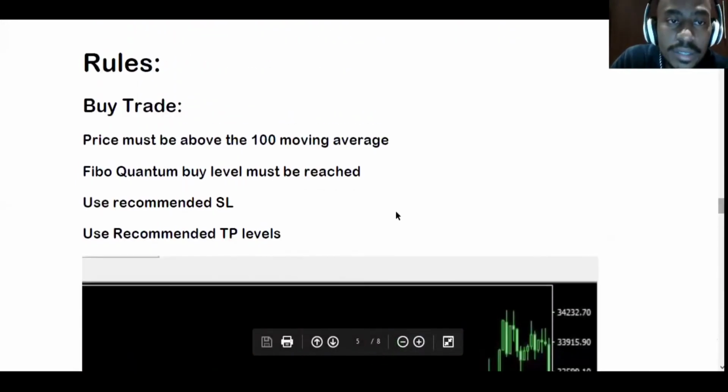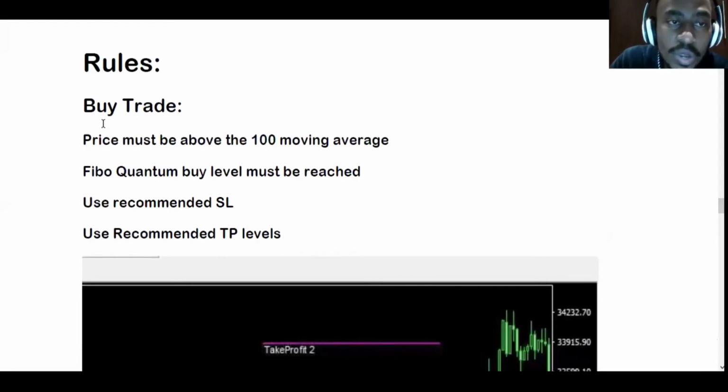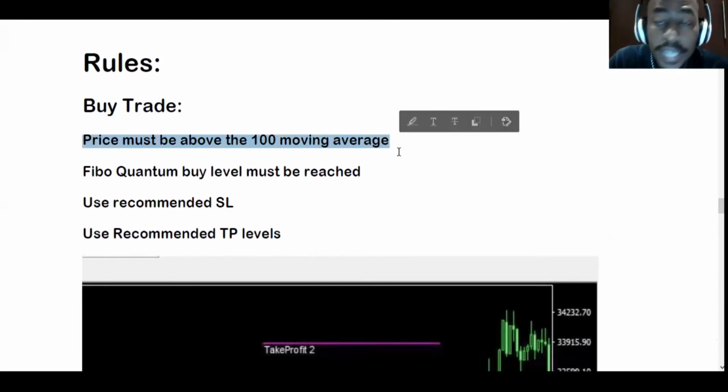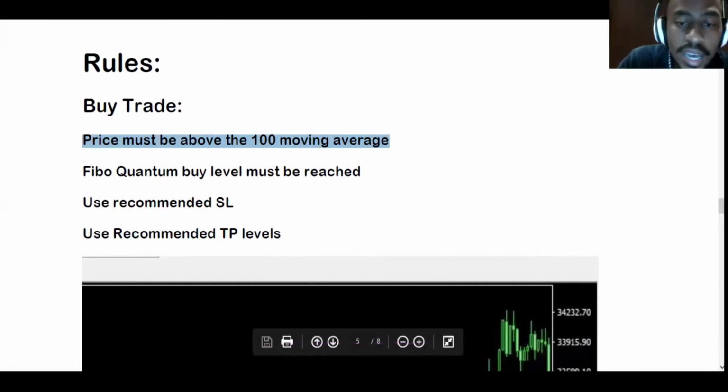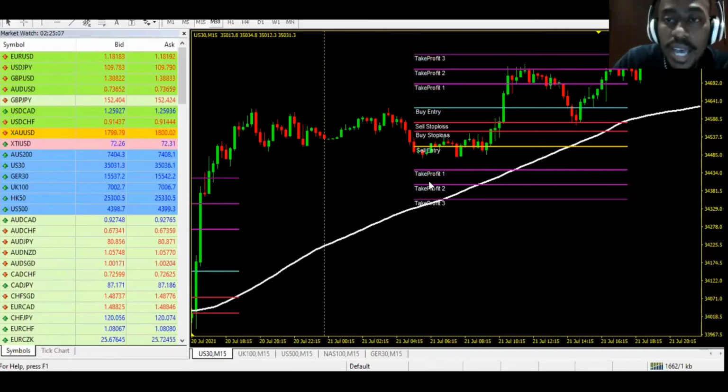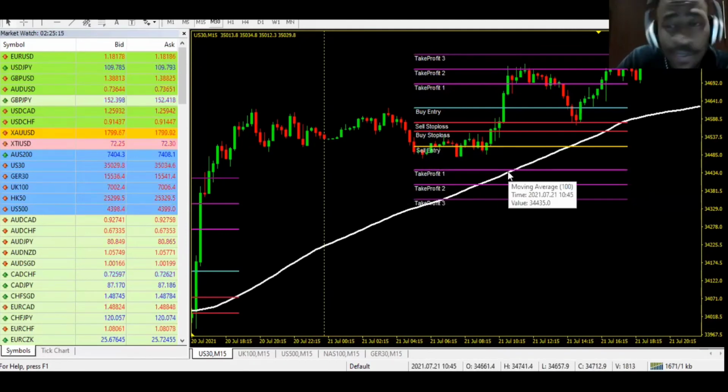These are the rules again, guys. Here we say that we only buy when the price is above the 100-period moving average. We don't sell above it. That's very important to keep in mind. In this particular case, there was a sell entry triggered here. Since this is above the 100-period moving average, we don't take that trade.